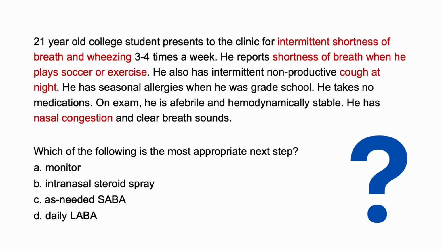LABA is always the wrong answer on your exam if the patient has asthma, since LABA as monotherapy is not recommended. The correct answer is as-needed SABA and instruct the patient to take the inhaler about 10 to 15 minutes before he exercises, since this is probably related to exercise-induced asthma.